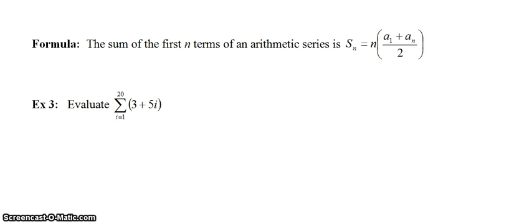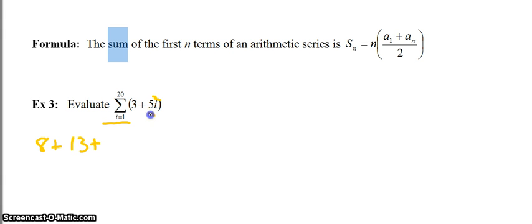Welcome back, and what we're going to do is find the sum. You remember from Friday that when we talked about the sum, this sigma notation meant sum. So if I put in a 1, I'll get 8. If I put in a 2, I'll get a 13.